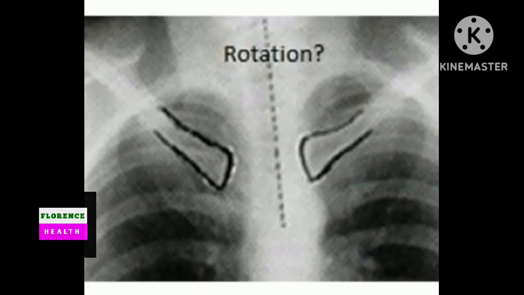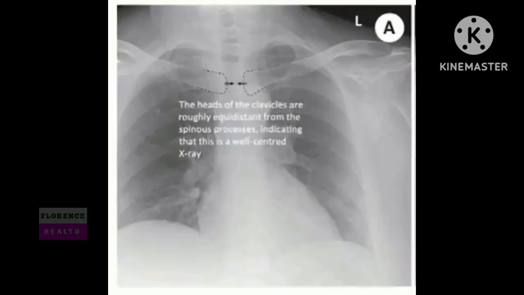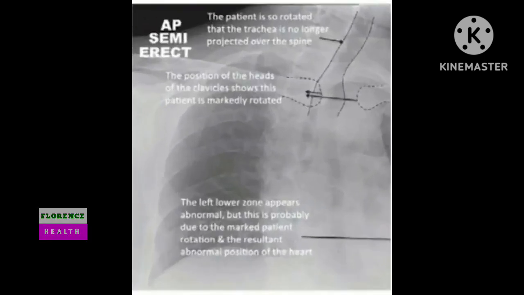It is a rotated X-ray as both clavicular heads are not equidistant from the imaginary line and both are not at equal level. It is a non-rotated X-ray as both clavicular heads are equidistant from the imaginary line and both are also at equal level. This one is a rotated X-ray as both clavicular heads are not equidistant from the imaginary line and both are not at equal level.